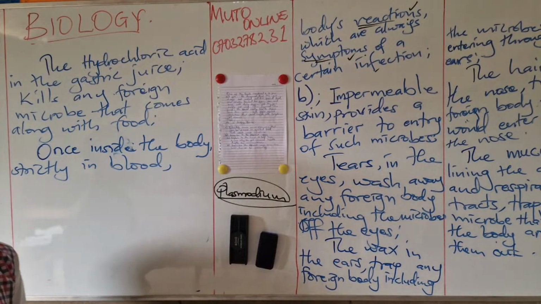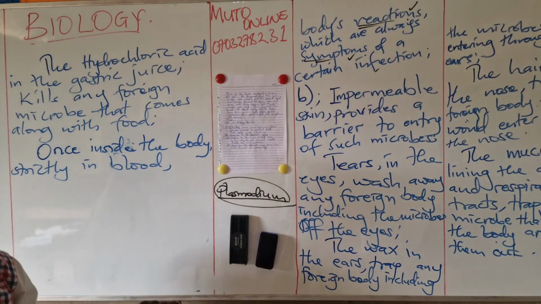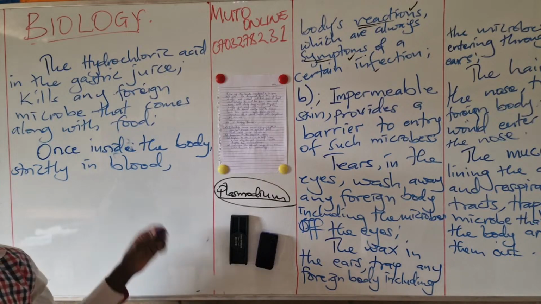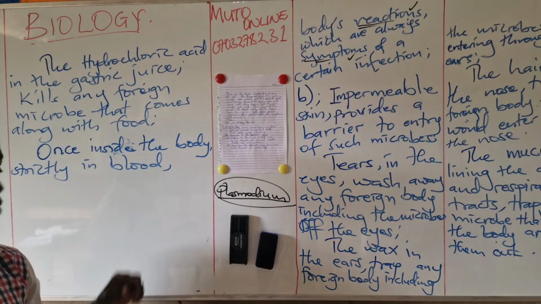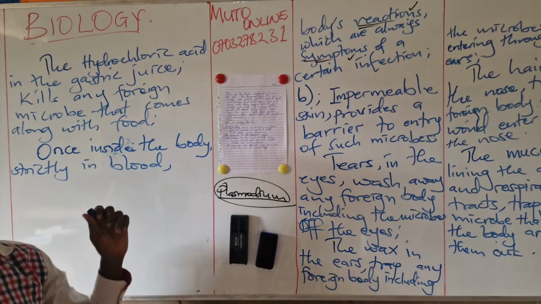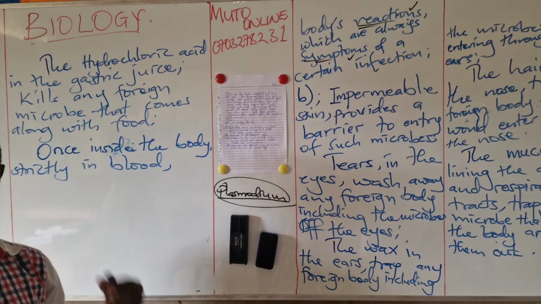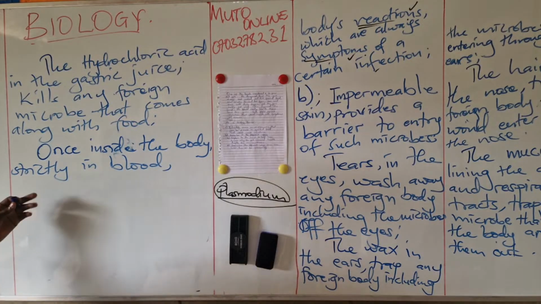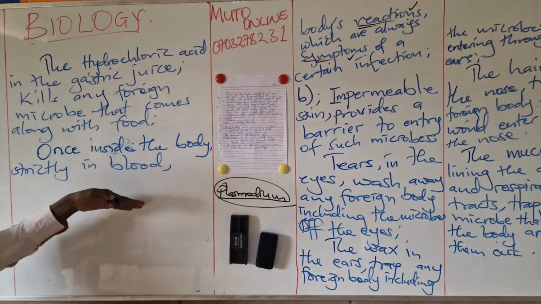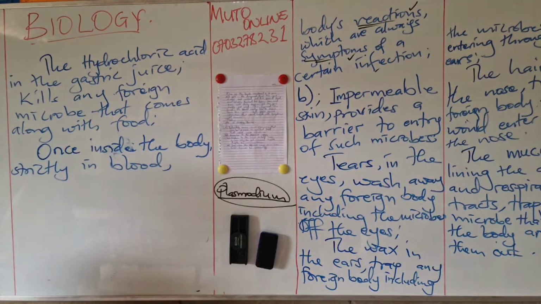We know them. We know opsonization. We know antitoxination. We know agglutination, aggregation, all those different ways the body defends or fights against foreign bodies in the blood.